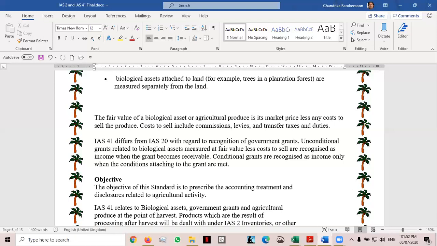So if the contract stated that the grant would be received on the 1st of January, but the grant was not received until the 1st of February, the receivable date is important. Conditional grants, which obviously means conditions must be fulfilled.